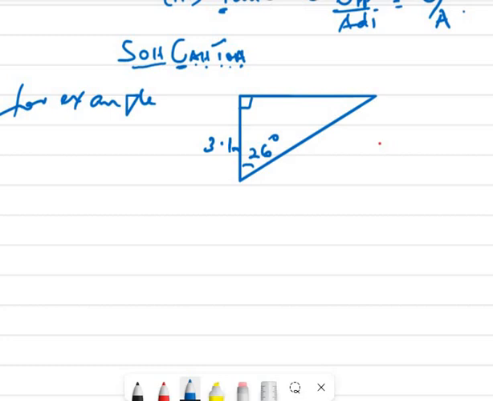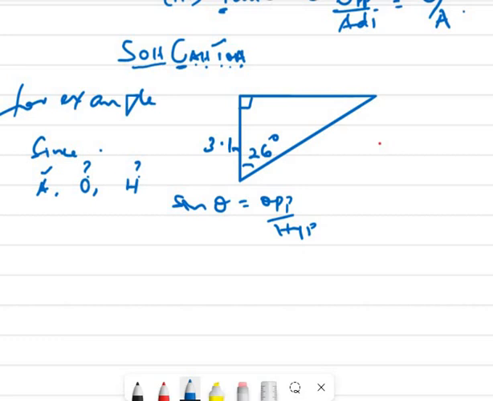Let us have them as meters, and the hypotenuse unknown, then we can easily get the value of the hypotenuse, we can easily get the value of the opposite with ease. Let us try to see. At this moment, you will find that you cannot easily apply the sine function. The sine function, sine theta equals opposite over hypotenuse, because this is not given and this is not given. So you cannot easily find that.